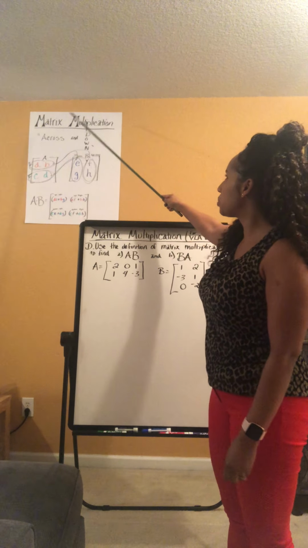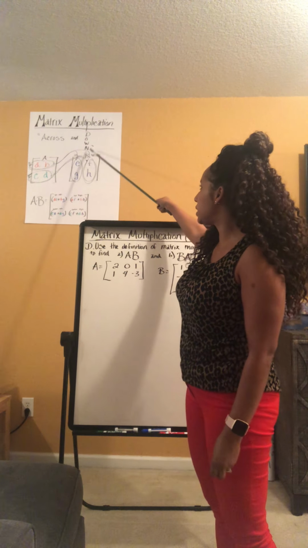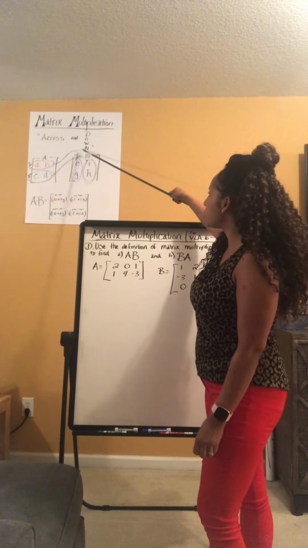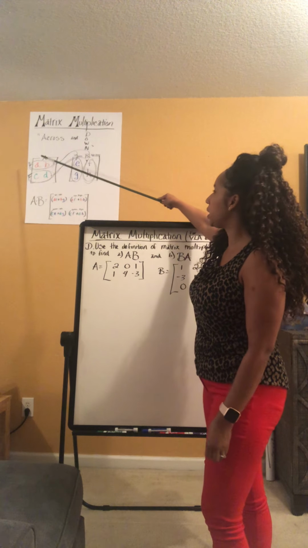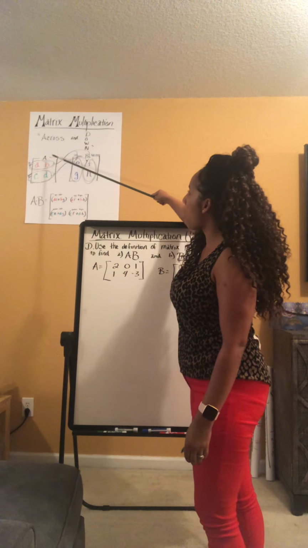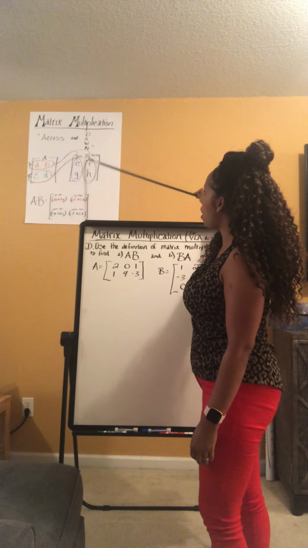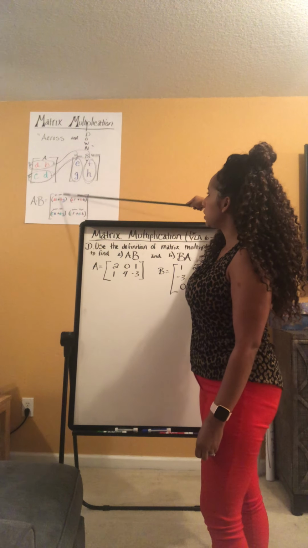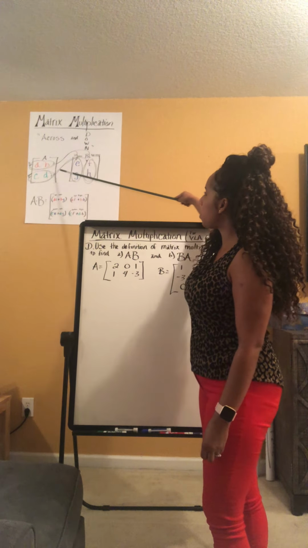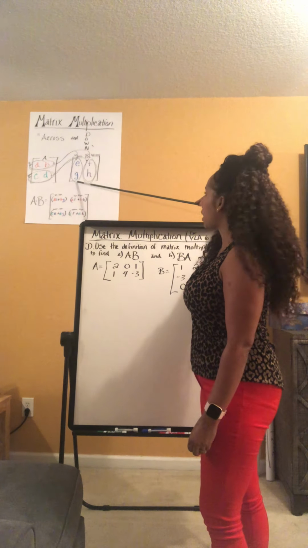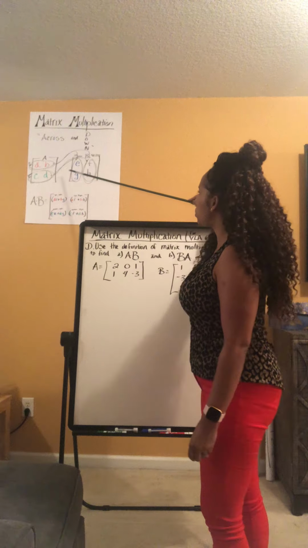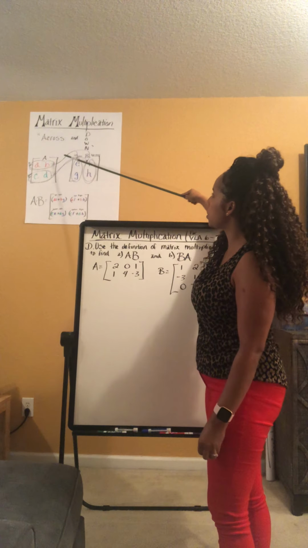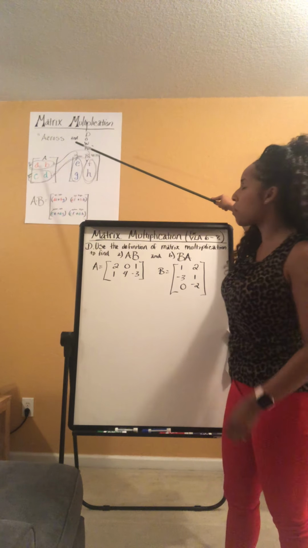But the key for matrix multiplication is to think across and down. Here I have an example of matrix A and matrix B. If I wanted to multiply A times B, I would multiply the top row of A by the first column in B. So the A would multiply times the E, plus the B would multiply times the G. Each one gets its own partner: A goes with E and B goes with G, the first with the first and the second with the second, and so on if there were more.